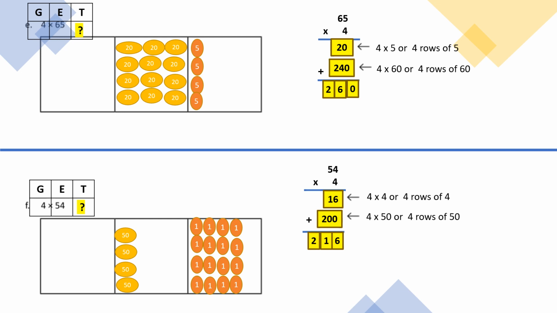And 0 plus 2 is 2. Which means 54 times 4 is 216. Go ahead and pause the video now if you need to finish writing, or if you need to check your answer and compare it to mine.